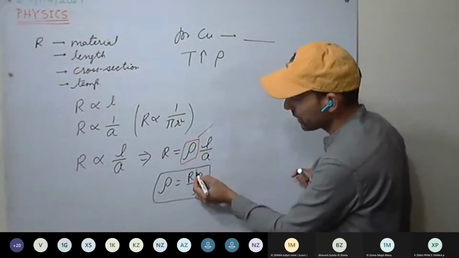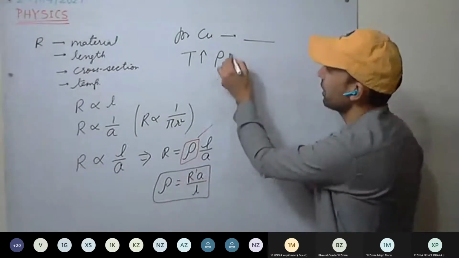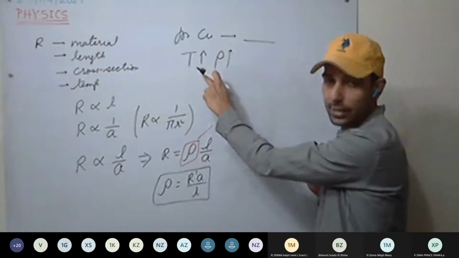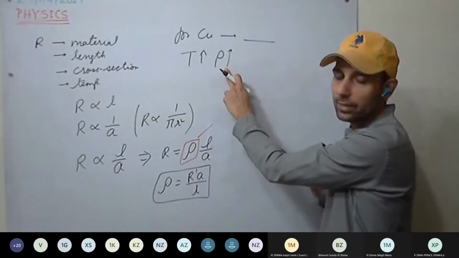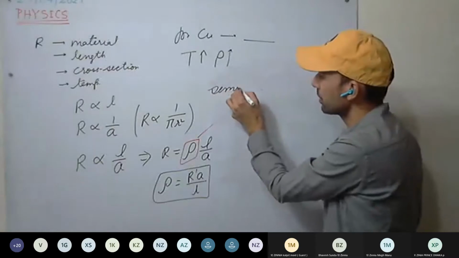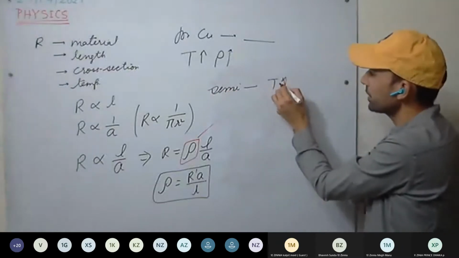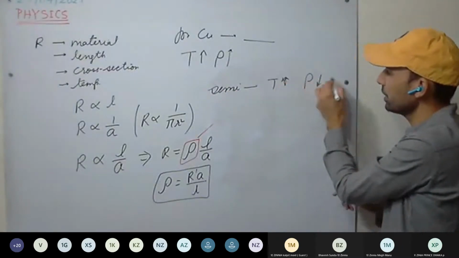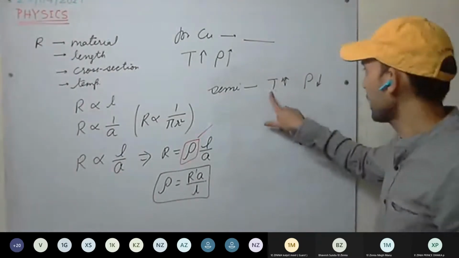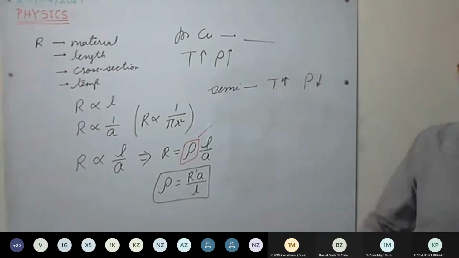See here, resistance will increase, therefore resistivity will increase. With an increase in temperature, the resistivity of conductors increases. But for semiconductors, when temperature increases, resistivity decreases.